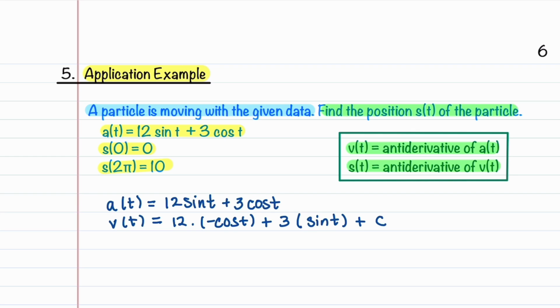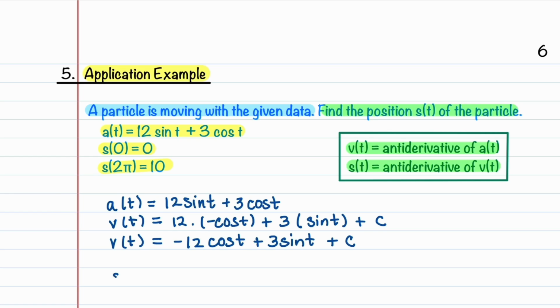And then we can't forget to add on a constant. Whenever you take an antiderivative or an indefinite integral, you have to add on that constant. Let's go ahead and rewrite this before we take another antiderivative. This is minus 12 cosine t plus 3 sine t plus c.